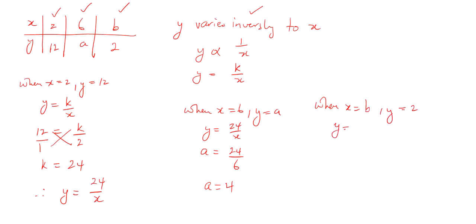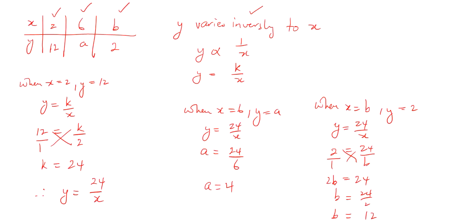And we know the equation is y equal to 24 over x. So therefore 2 is equal to 24 over b. Cross multiply here. So 2b is equal to 24. Therefore b is equal to 24 over 2. So b is equal to 12.